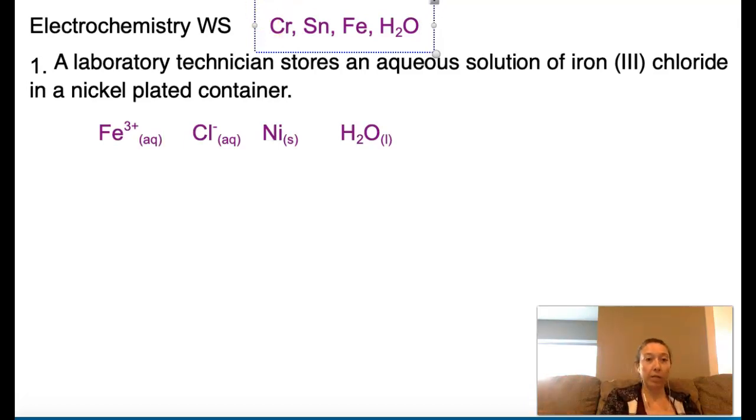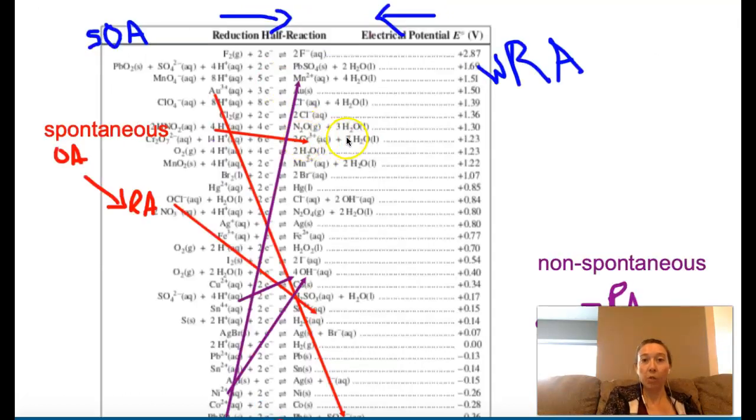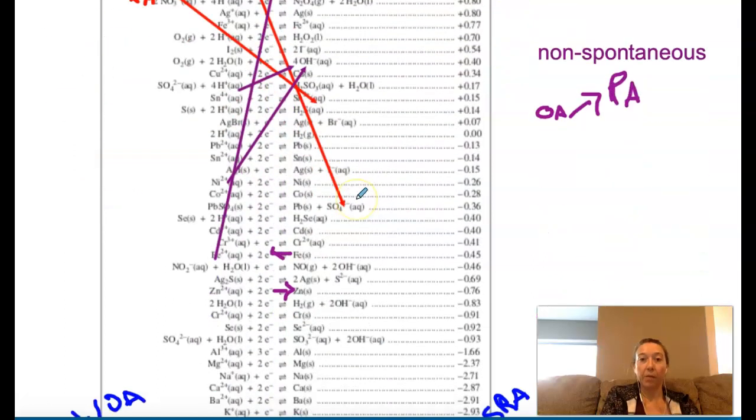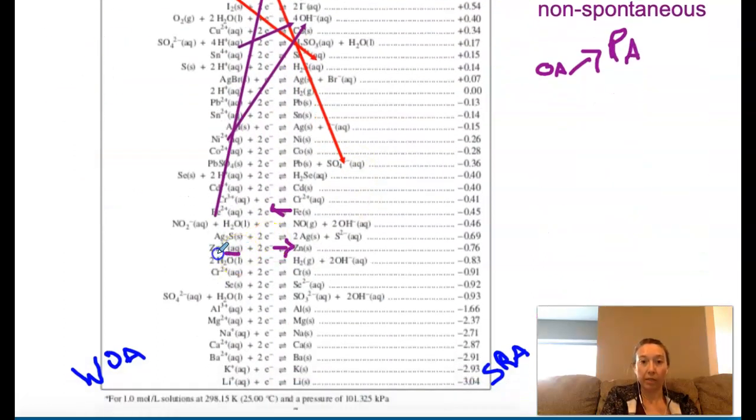If you look in your data booklet, there are 2 water half reactions, okay? There's a water here that's over on that RA side. But then we also have a water down here over on that OA side, right? So that's how I can also recognize that something is amphiprotic. So there's the water. The other one we talked about was Cr2 plus, right?